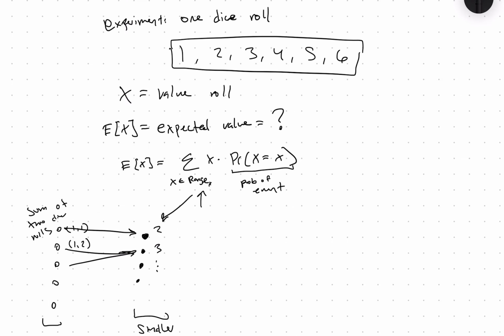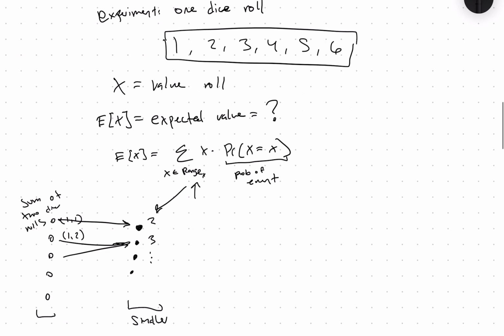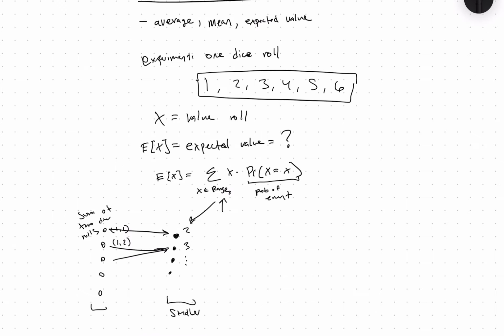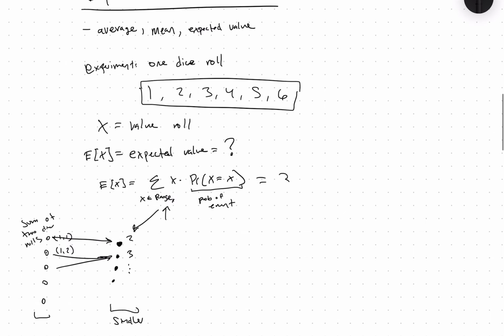So you're really just computing this. We can compute it quickly, but this is a speed run and I've got to go. So that is what expectation is. The answer here is 3.5 if you just do it out.